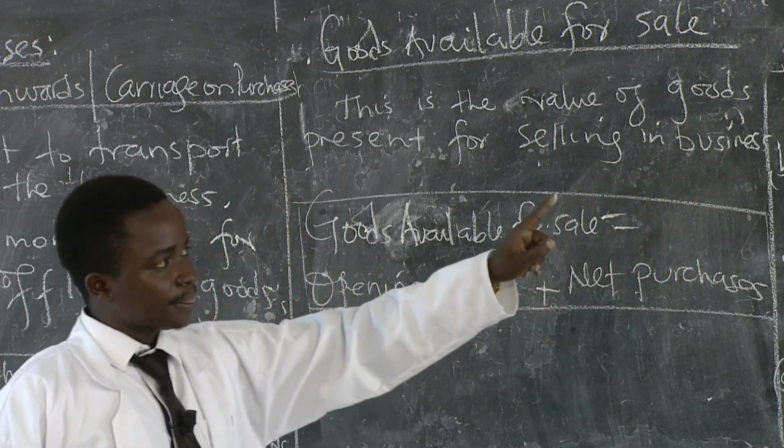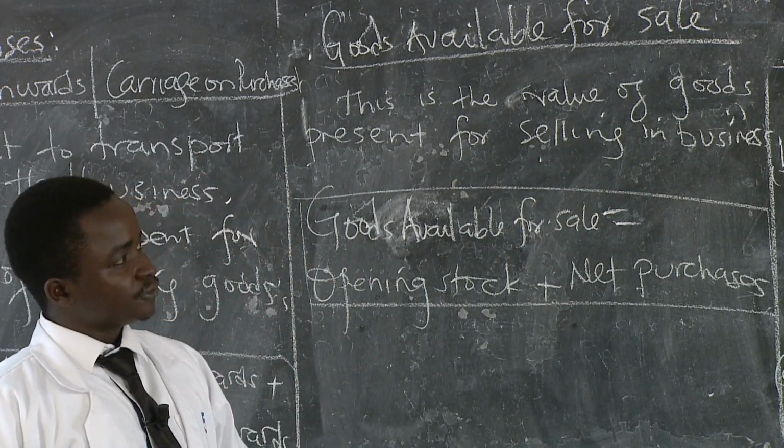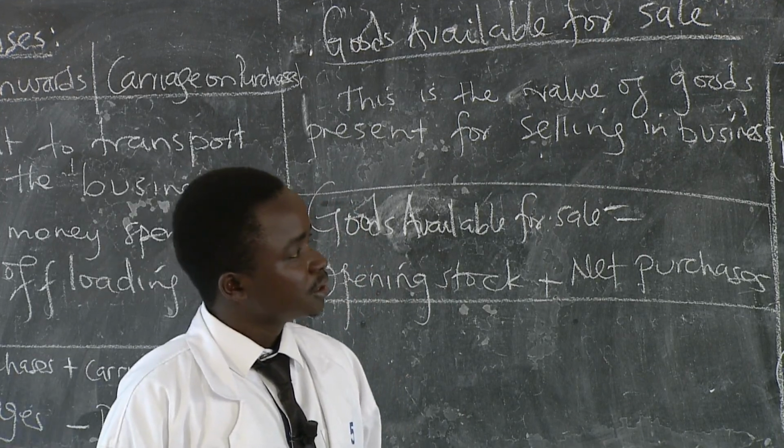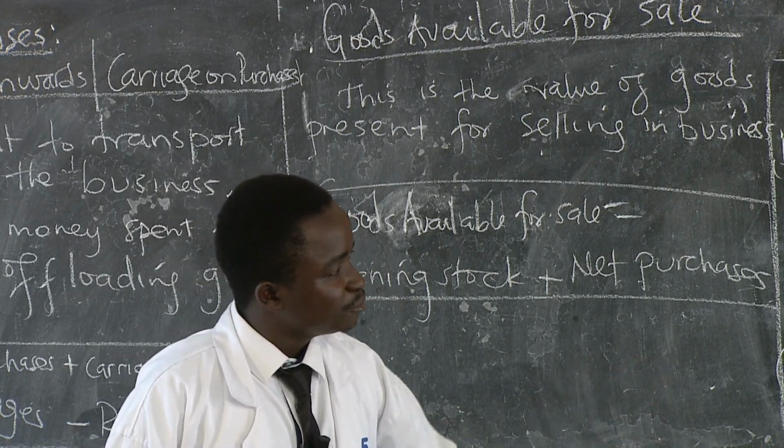Then we prepare. We have the homework. The question says, the following information relates to the books of Chabitama traders for the period ended 31st December 2019. We have sales and that information.